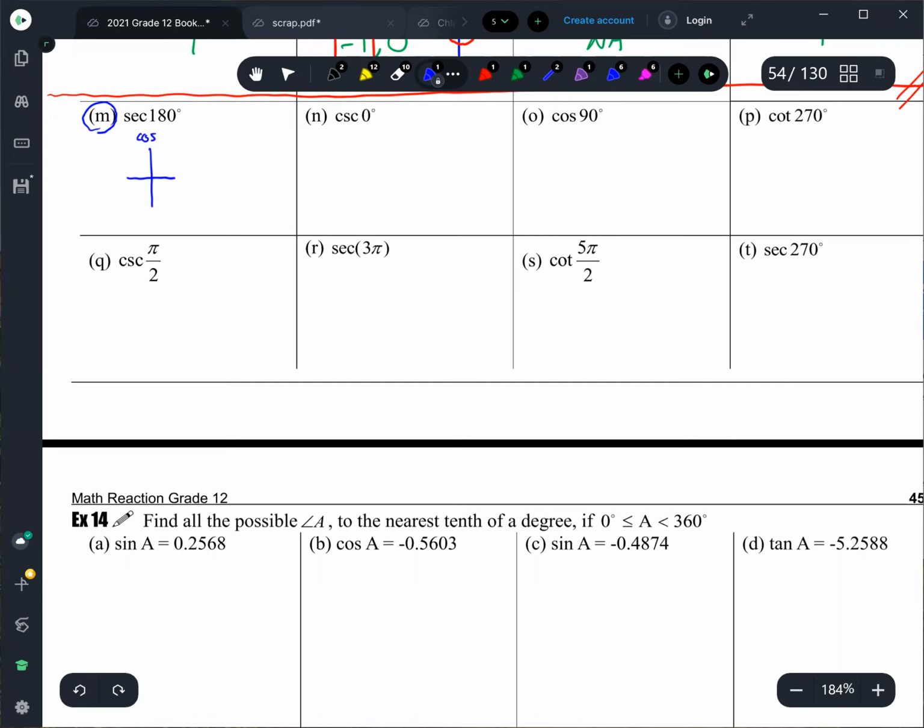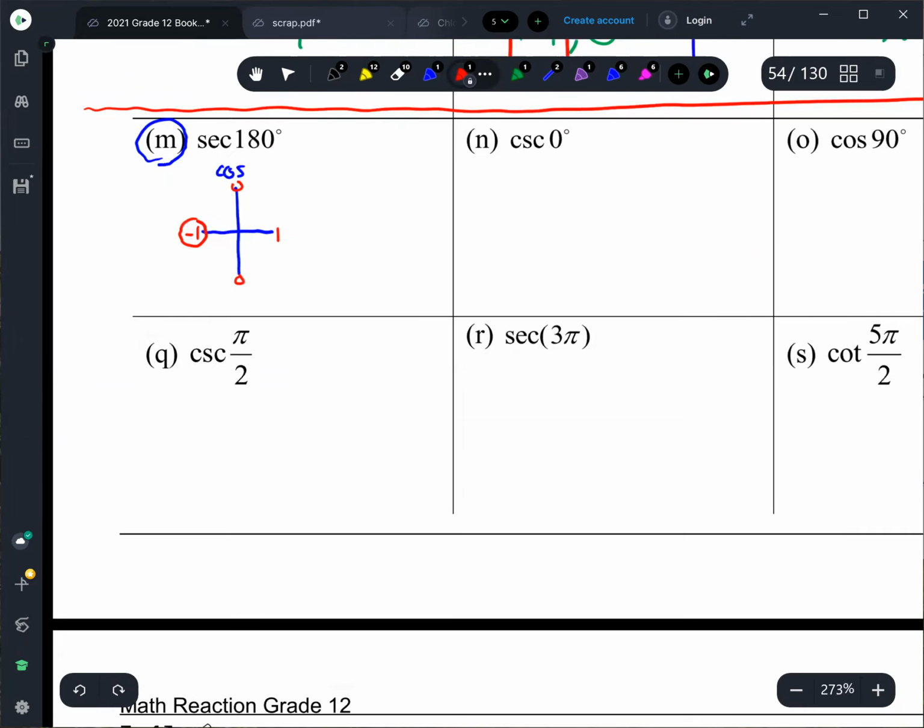right? Cosine is 0, 0, 1, -1, right? From the previous. 180 degree is here, -1, right? But we are doing secant, so you need to reciprocal the -1. Reciprocal of -1 is still -1, so we are done. Okay? So you use sine, cosine, tangent to help you figure it out first.